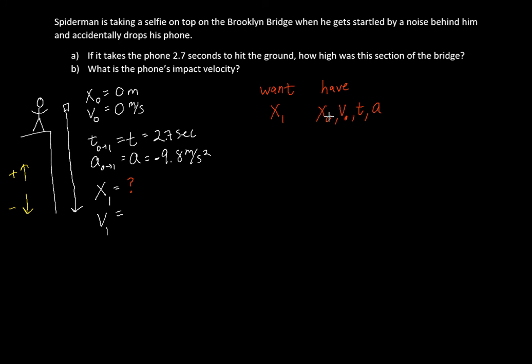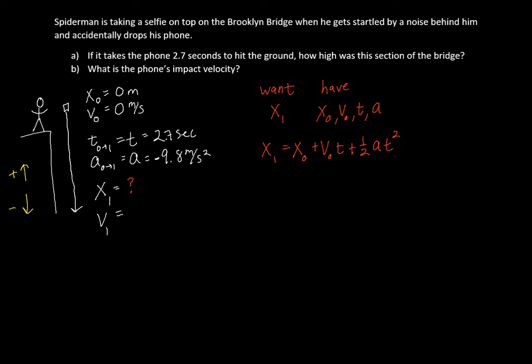Technically, it doesn't have to have everything from this column over here. It can only be comprised of these things here and what you want. So if you look over at your equations, the only equation that has x naught in it and these guys is this one over here. Your final position is equal to the initial position plus your initial velocity times time plus 1/2 acceleration times time squared.